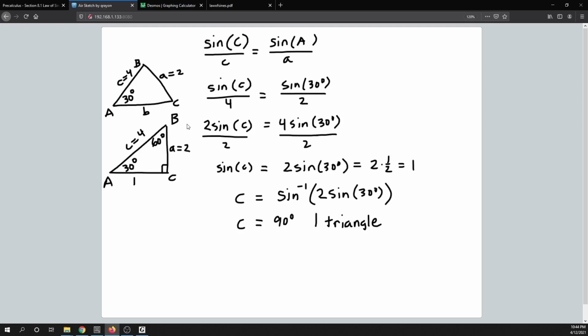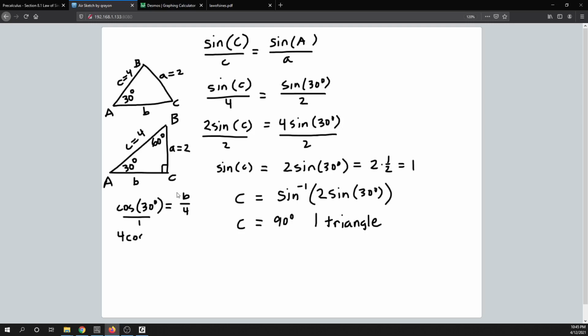All we're left with is side B, so we can just use triangle trig. The cosine of 30 degrees would be adjacent, which is B, over hypotenuse, so B over 4. We can put that over 1 and cross multiply.